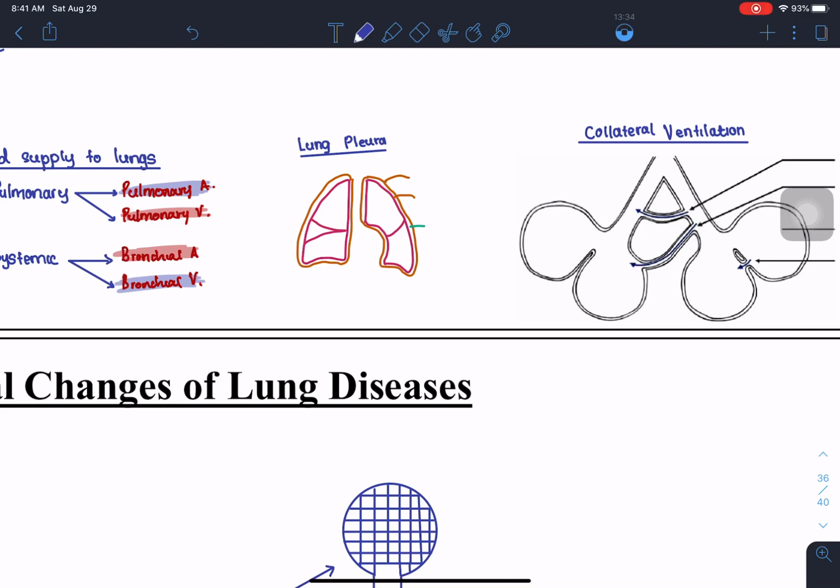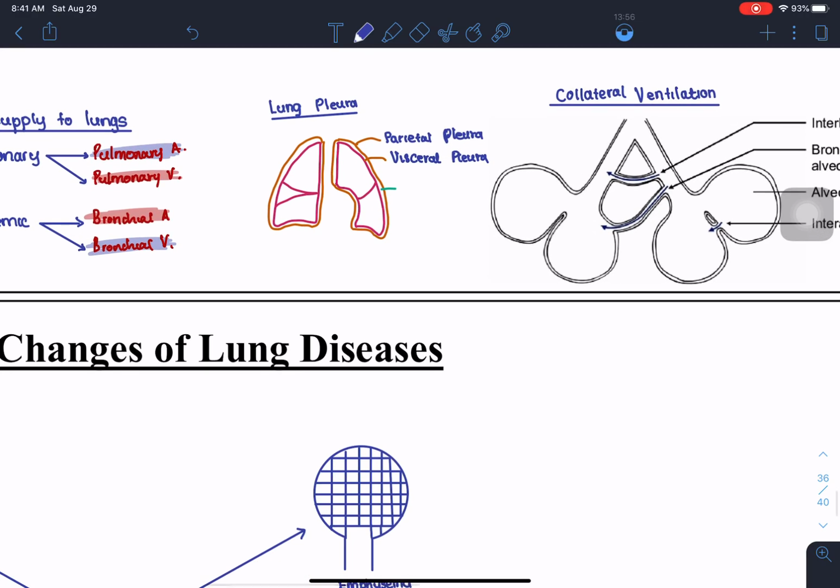The outer pleura is called the parietal pleura. The visceral pleura is the inner one, which is touching the lungs. And just like the pericardium, you can get similar diseases in the lung pleura. And this is the pleural space.